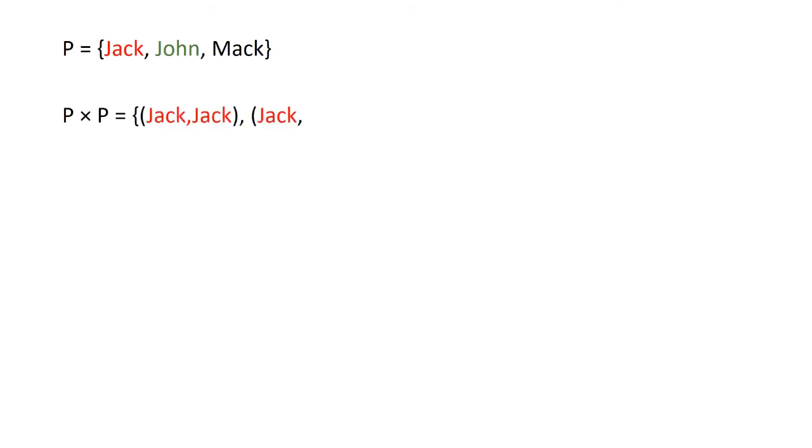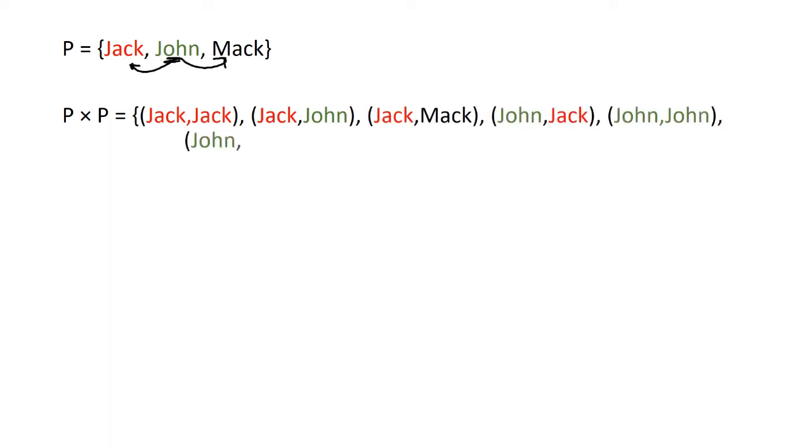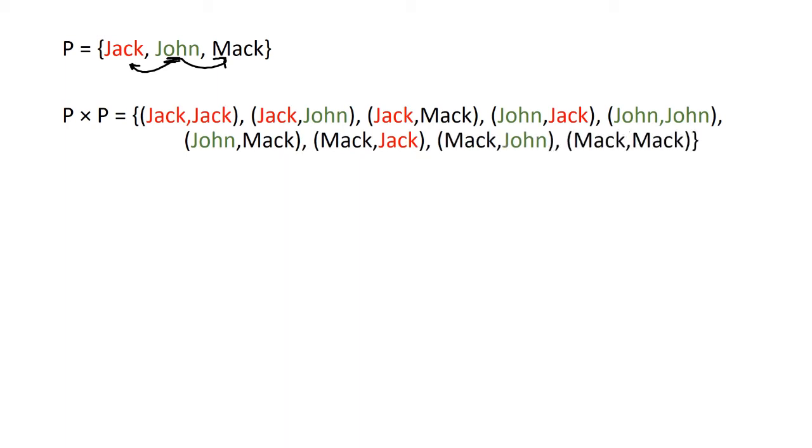Now let's take another example of a set P which consists of 3 elements, Jack, John and Mac, who are 3 boys of the same grade. The Cartesian product of P with itself is defined as (Jack, Jack), (Jack, John), (Jack, Mac), and (John, Jack), (John, John), (John, Mac), and so on. It will contain 9 ordered pairs, so P cross P will have 9 elements.